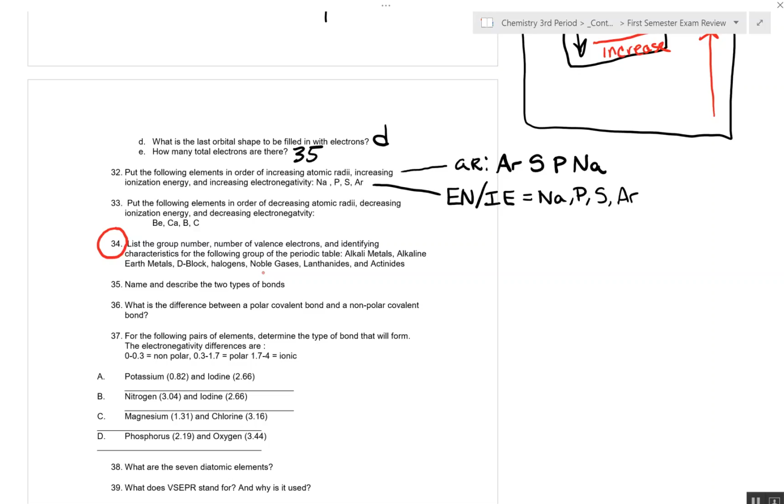What are the 7 diatomic atoms? Right. And how do you write them when they are alone in a formula equation?